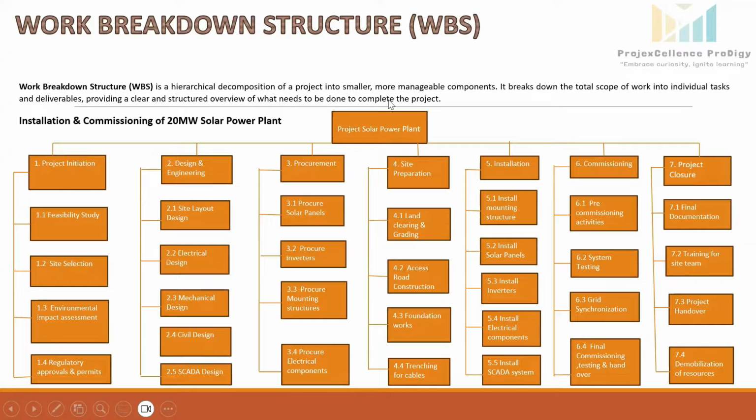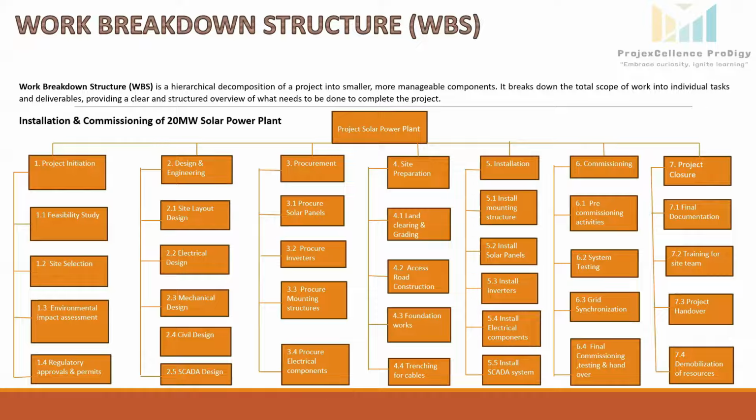The title of the project is the project scope statement, and the major tasks below are project initiation, designing and engineering, procurement. These are broken down into small manageable components. These components are called work packages, which are the last level deliverables and cannot be broken down further.